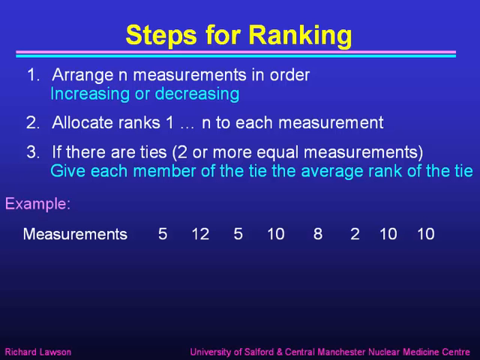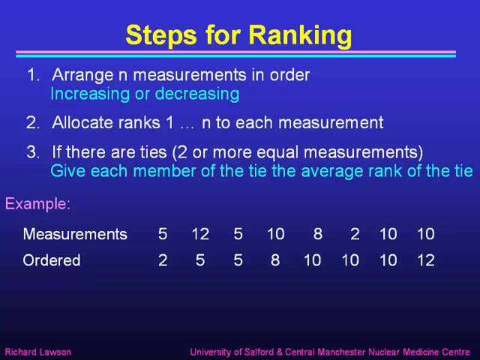Here's an example of some measurements: 5, 12, 5, 10, 8, 2, 10, 10. Those are in random order at the moment, so the first thing we have to do is to arrange those in increasing order. The smallest number is 2, followed by 5, and then another 5, 8, 10, 10, 10, 12.